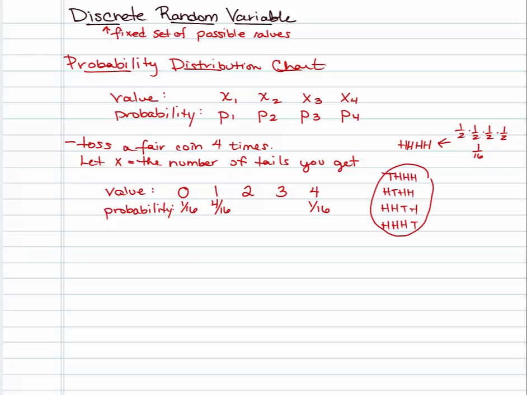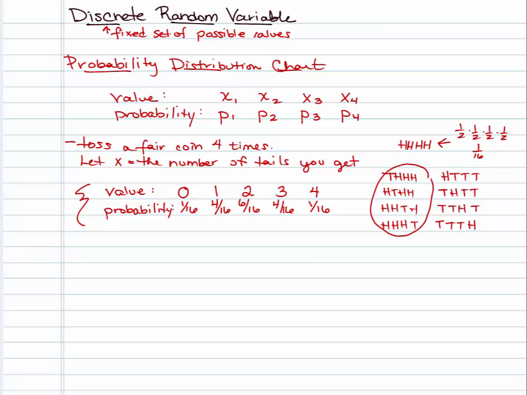It's going to be the same probability, because if I replace all the heads with tails and all the tails with heads, I can see the probability of getting 3 tails would also be 4/16. And I think that leaves 6/16 for 2 tails instead of writing them all out. So we could do a variety of things with this, but this is called the probability distribution chart.